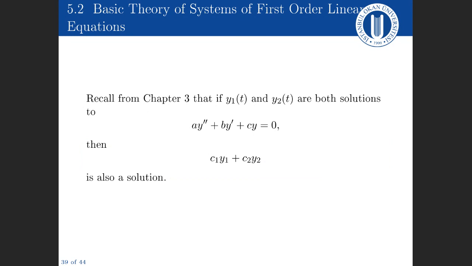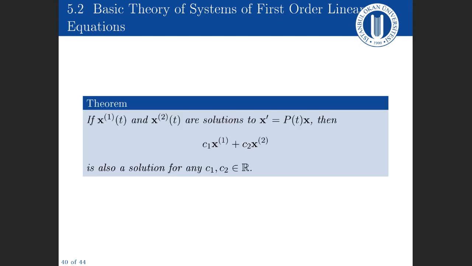Now, let's do a bit of revision from chapter 3. Remember that if we had a homogeneous second order linear equation, and if we knew 2 solutions to it, then every linear combination of these 2 solutions was also a solution. We can do the same thing for our vector solutions, or our solutions of systems of equations.